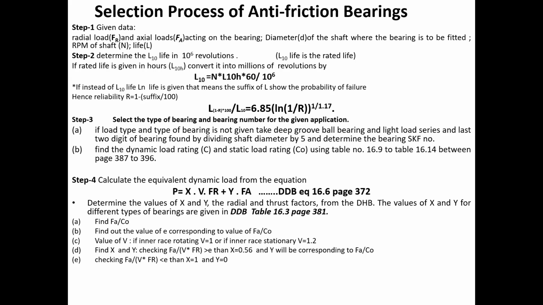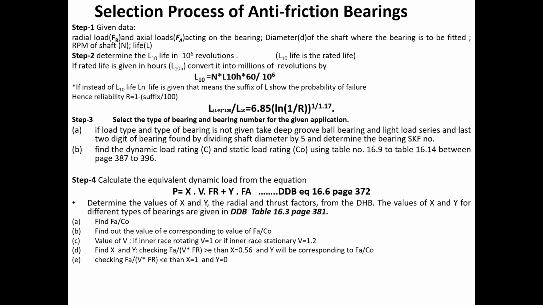Suppose in any problem the bearing life is given at other than 90% reliability. Suppose it is given that the average life of the bearing is something. This average life means the reliability is 50%. In some question, it may be given that the reliability is 85%.